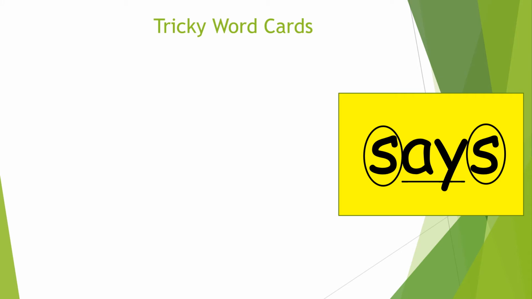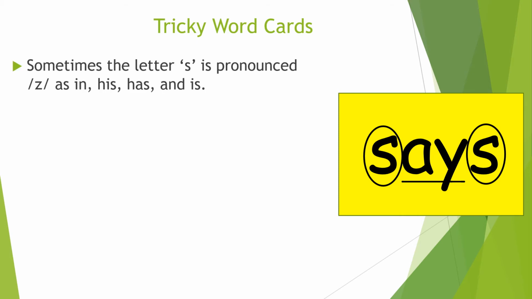Oh, there's another S. It looks like it's following the rules because it is circled. It's pronounced as z. So sometimes the letter S is pronounced z, as in his, has, and is. Remember, we talked about those sister sounds? Sometimes letters make different sounds, and S is one of those letters.